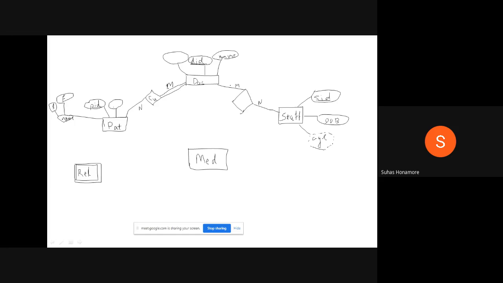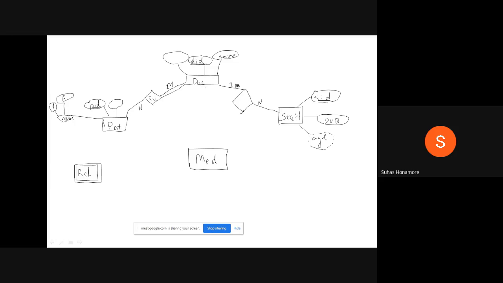Here I already wrote n is to m. If possible, I will write that for each doctor there are different attenders. In my problem statement, I am considering that one doctor may have n number of staff, maybe nurses and other attenders together under one doctor.